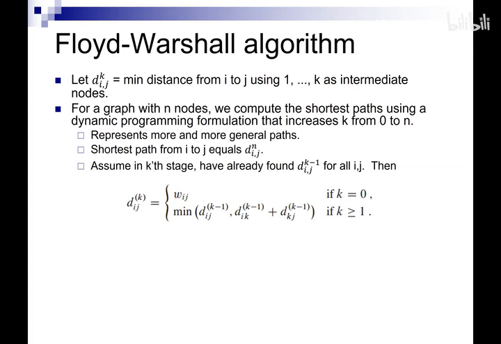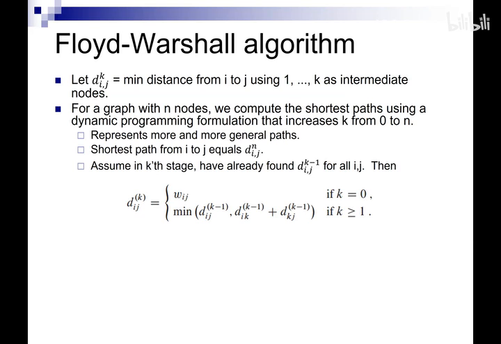So if you want to go from i to j, you can just look at the edge between i and j. If there is an edge, then the distance is just the weight of that edge, w_ij, and if there's no edge, then w_ij is infinite. So for k equals 0, d_ij(0) is just w_ij, the weight of the edge from i to j.